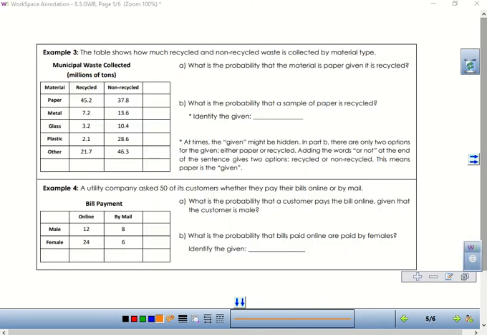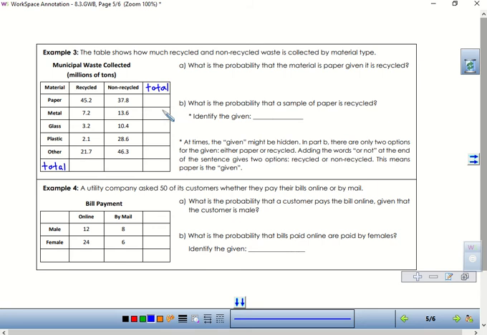Thank you. So now we're going to be looking at recycled and non-recycled waste by material type. So we're going to find our totals, and like I said, sometimes they'll give you the boxes for the totals, sometimes they won't, sometimes you have to write them in yourself. So we're going to find the total amount of paper. So this is waste collected.